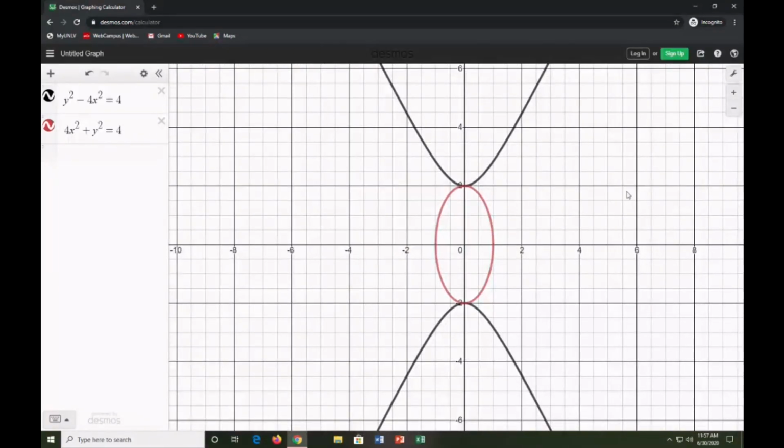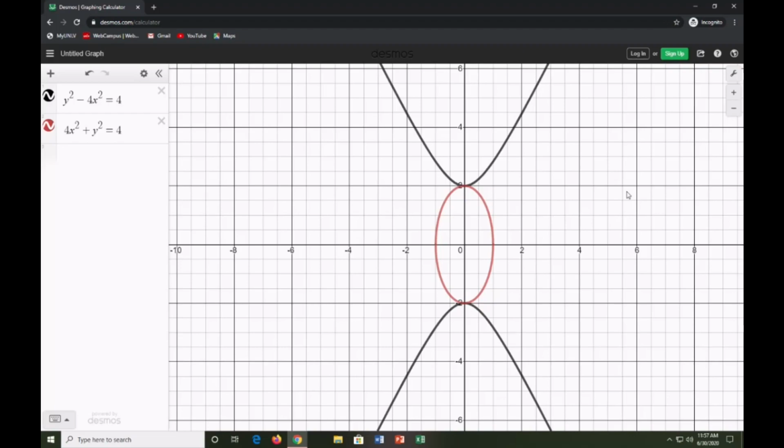We have a hyperbola, and it touches the major axis of an ellipse.